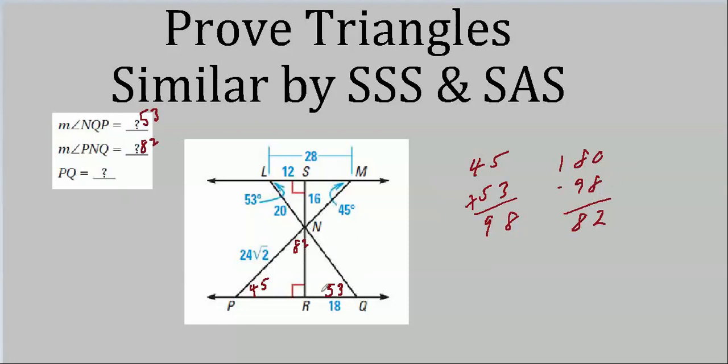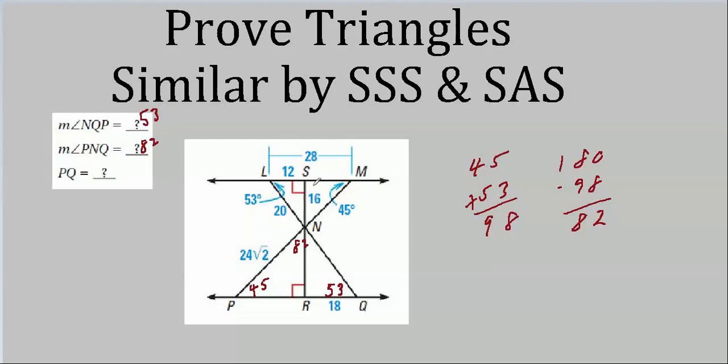And for this last one, PQ, we have to remember that everything gets broken up according to the same ratio. For instance, the ratio of this altitude to this altitude would be the same.